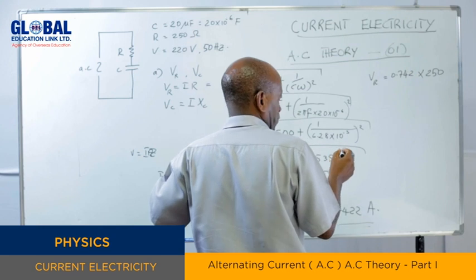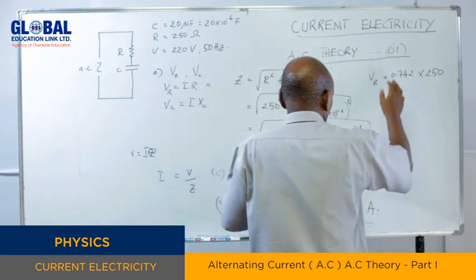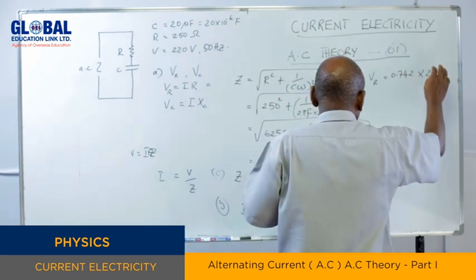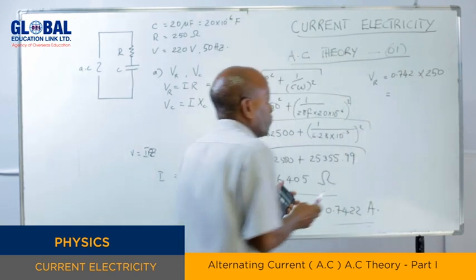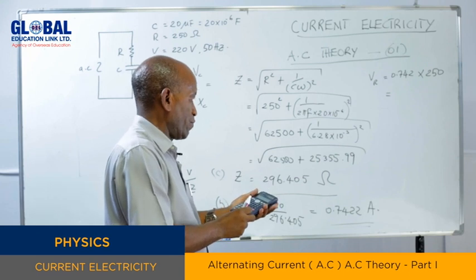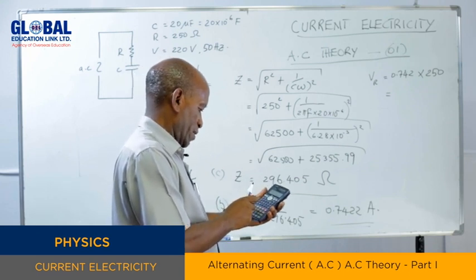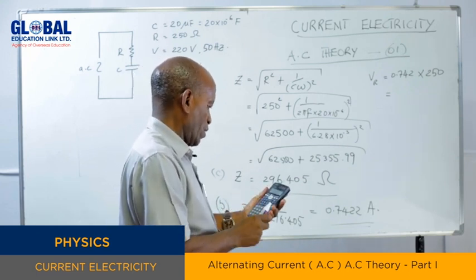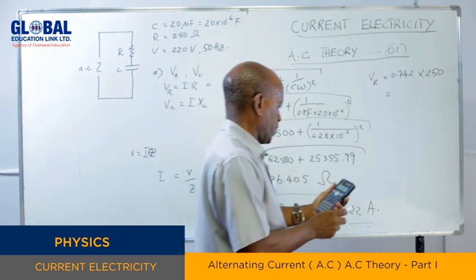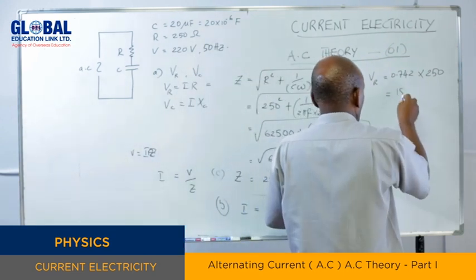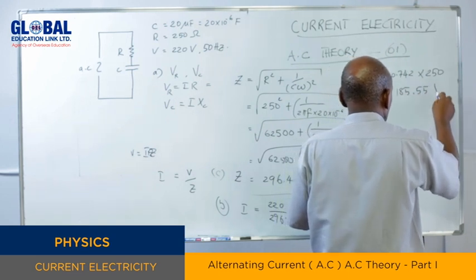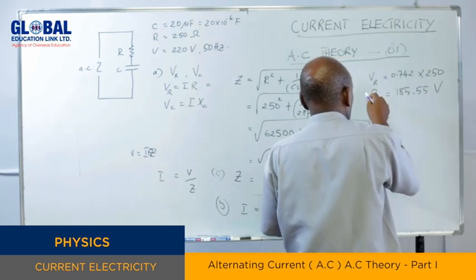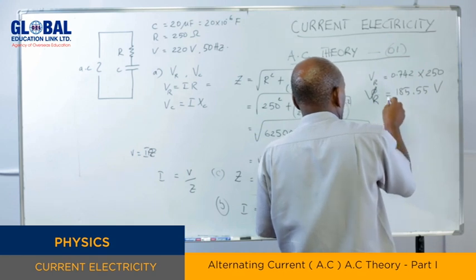Sorry, the voltage is just equal to current times the resistance. If you multiply there times 250, you obtain 185.55. This is the voltage across the resistor.